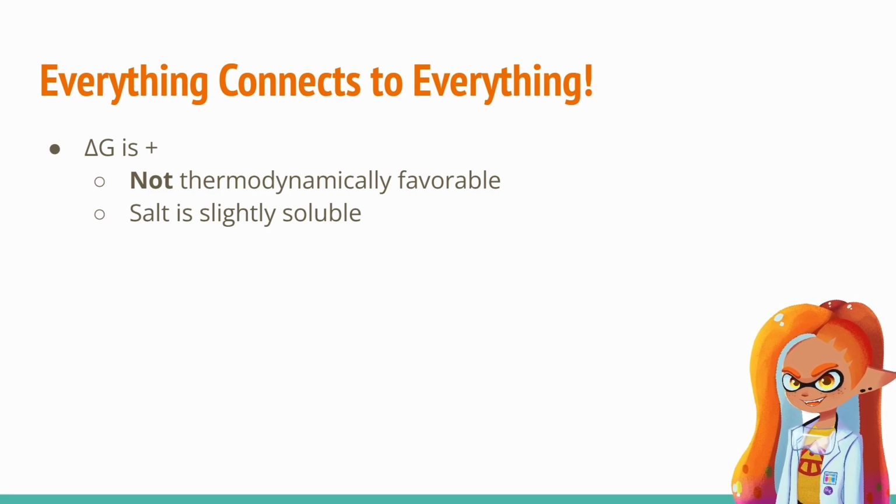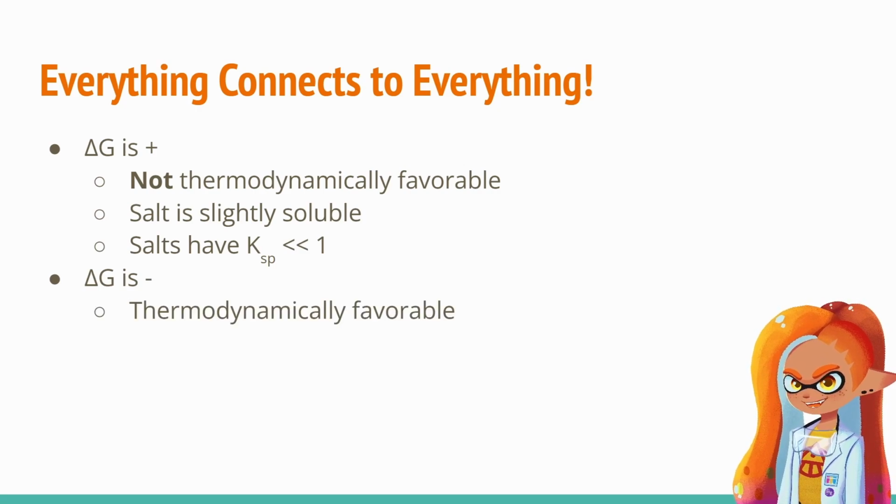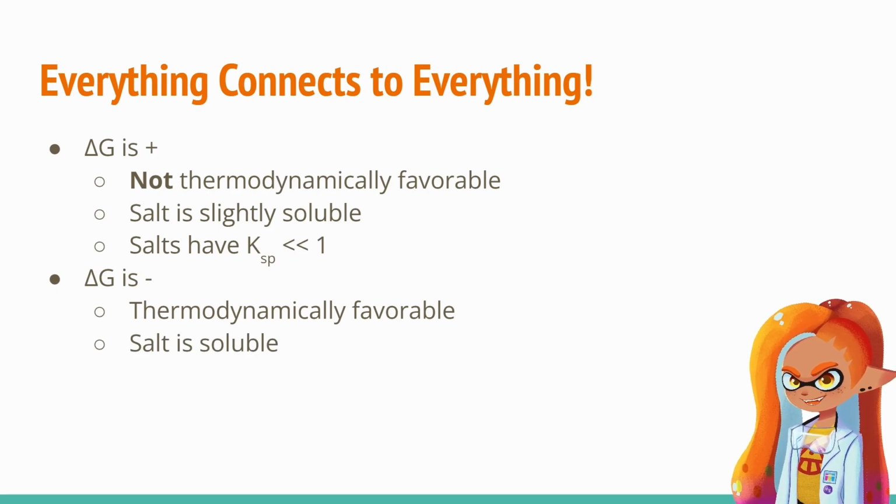And if I bring out Unit 7, that means our KSP value is going to be very, very small, way less than 1. But if I have the opposite, where delta G is negative, that means it will be thermodynamically favorable. It means that salt is soluble, and that K value is going to be bigger, usually bigger than 1.